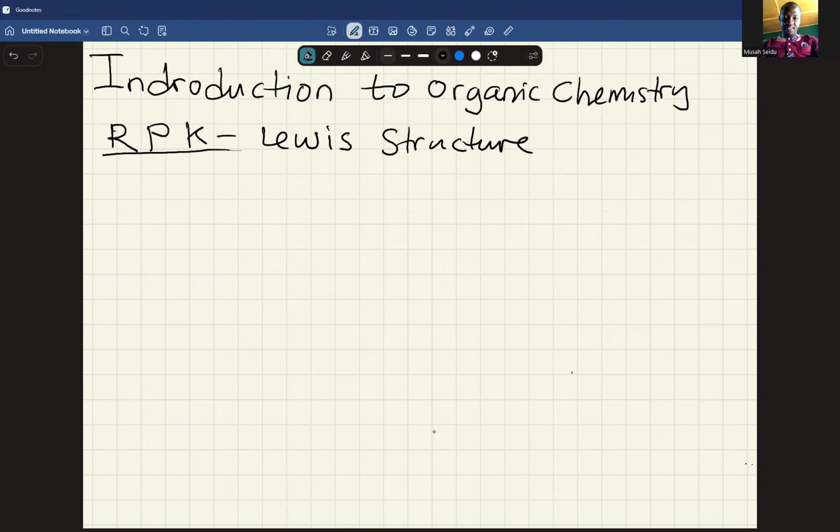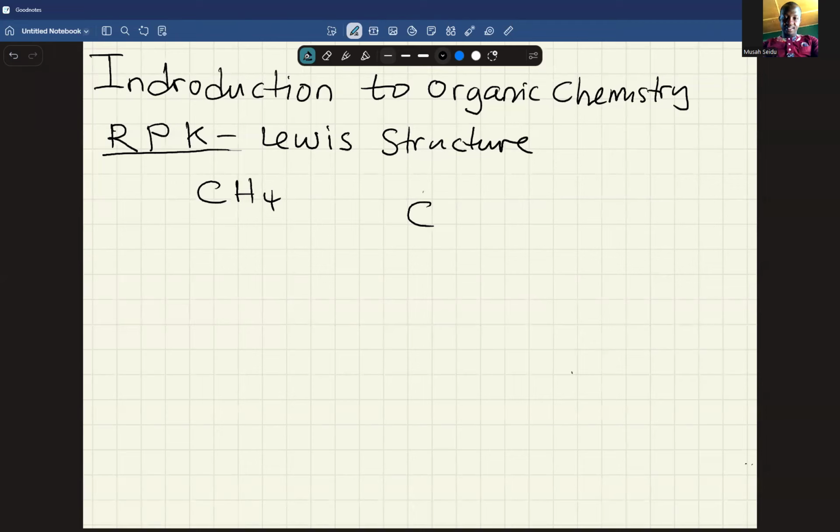In grade 11, we learned about the Lewis structure, and we learned that whenever we have a compound like this, that is methane gas, to do the Lewis structure of this, we have to take the C as our central atom because it can form the highest number of bonds.